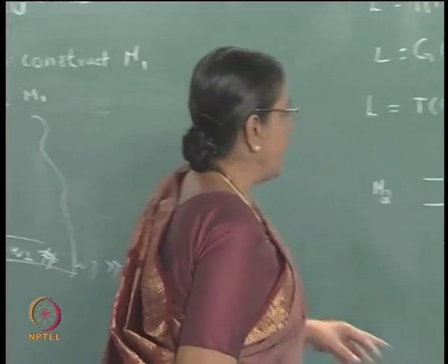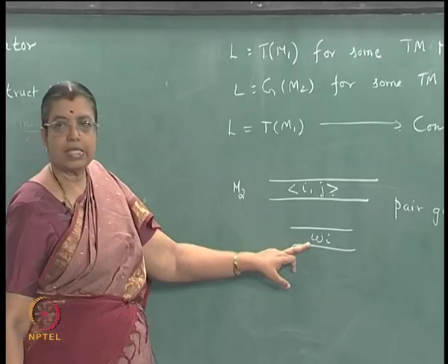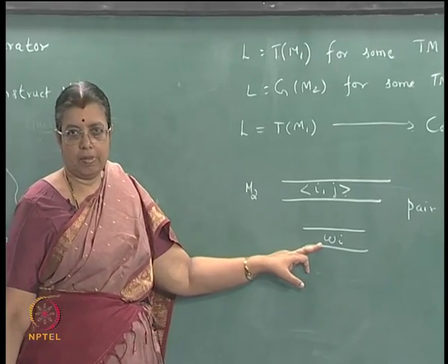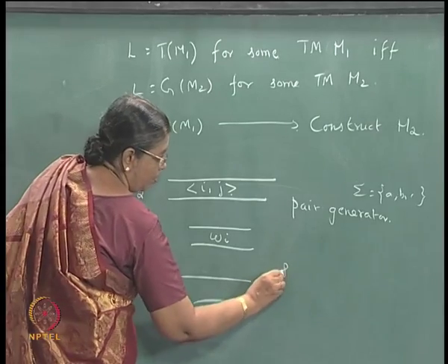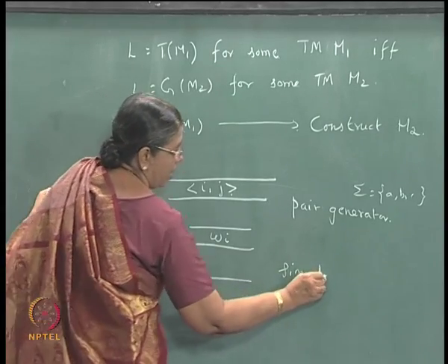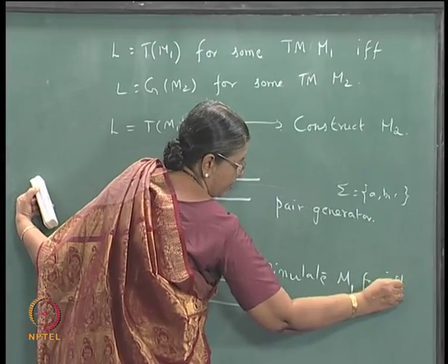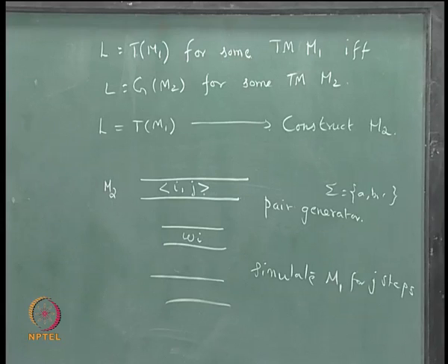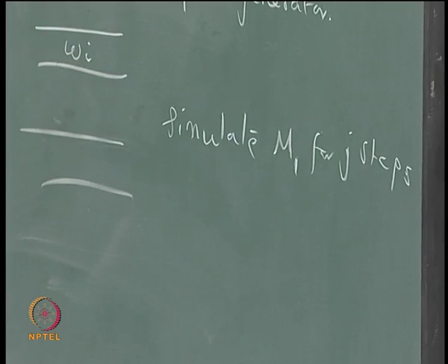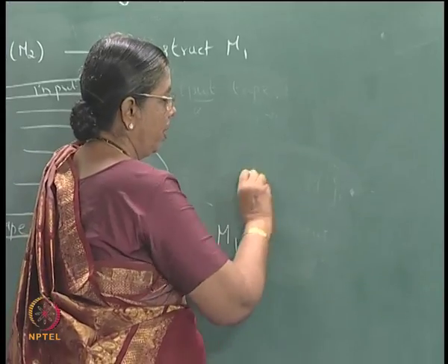So, when the pair ij is generated, you generate the ith string in the enumeration, then simulate M1 for j steps. What is the behavior of M1?